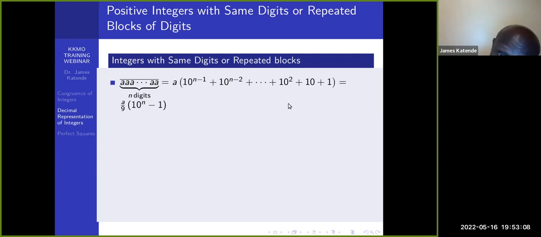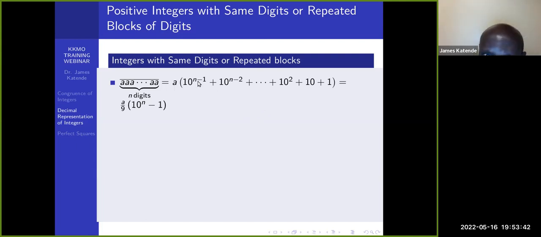Usually the sum of a geometric progression is the first term multiplied by r raised to n minus 1, all of this divided by r minus 1. I think you're familiar with this. Maybe I should not use a here because I've used a already, but you get the point.